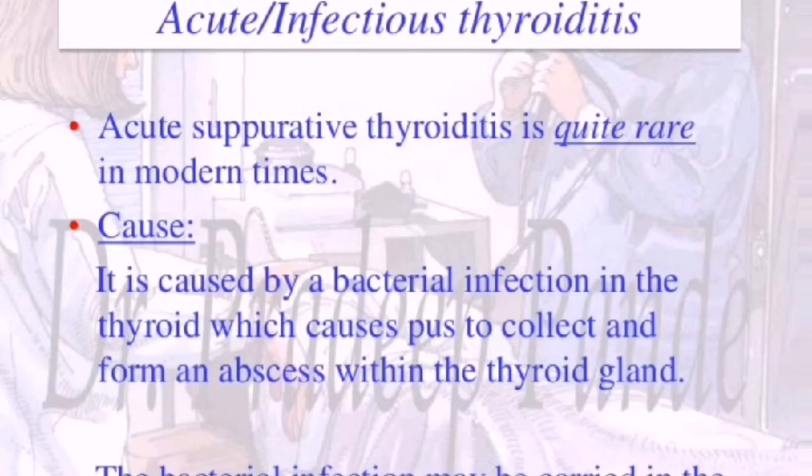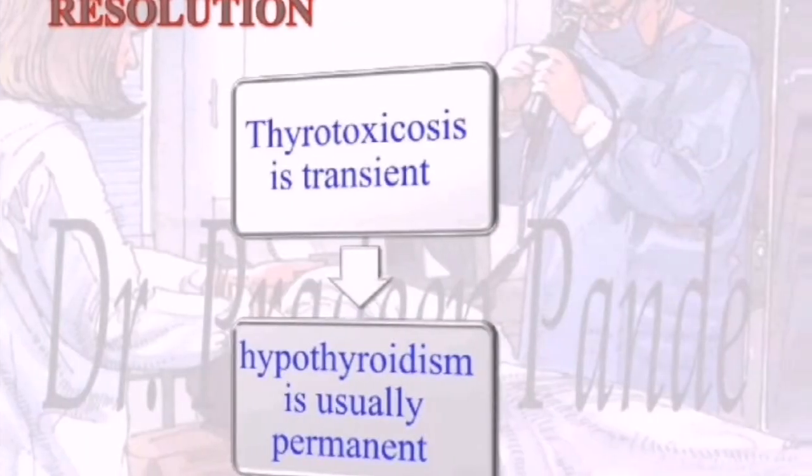Acute infectious thyroiditis is quite rare in modern times, mostly caused by bacterial infection in the thyroid, which causes pus to collect and form an abscess within the thyroid gland. The bacterial infection may be carried in the bloodstream from anywhere in the body. You can see the thyrotoxicosis is transient and hypothyroidism is usually permanent.